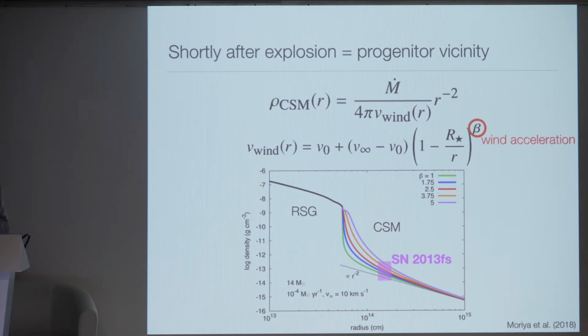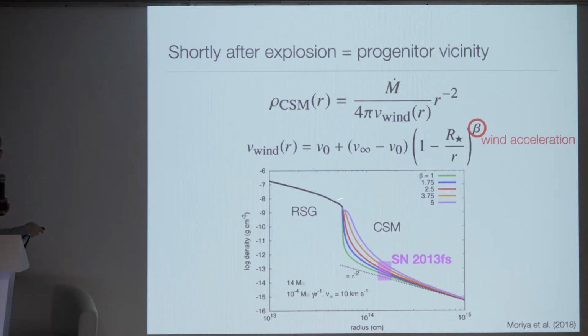But of course, at first, the material at the surface of the red supergiant doesn't have the velocity, so it's basically zero here. But from the surface, it gets accelerated to the terminal velocity of around 10 km per second.